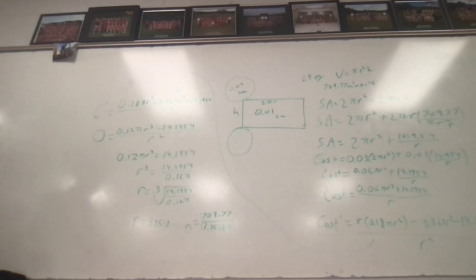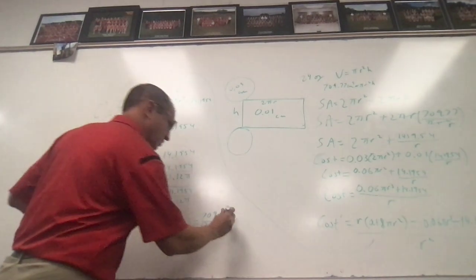It's pi times 3.3518 squared, yeah, thank you, squared. I forgot to square it.